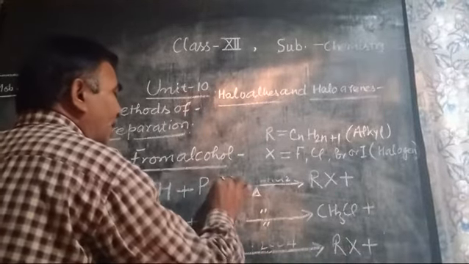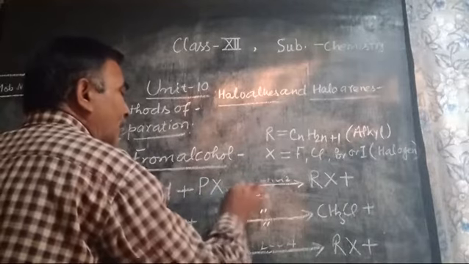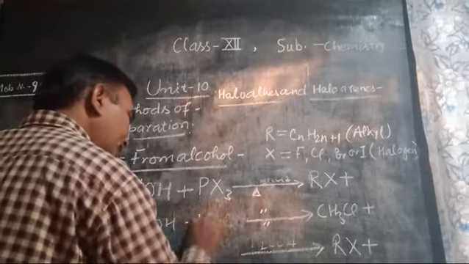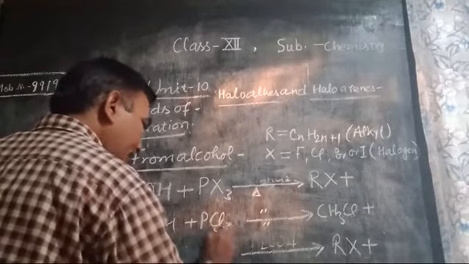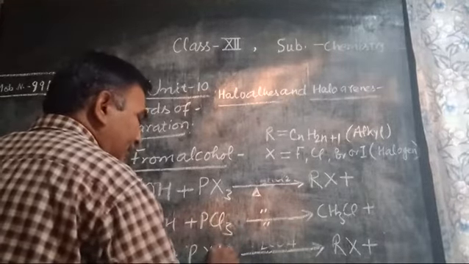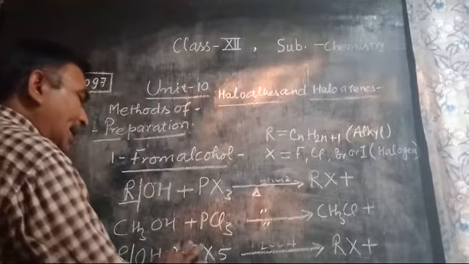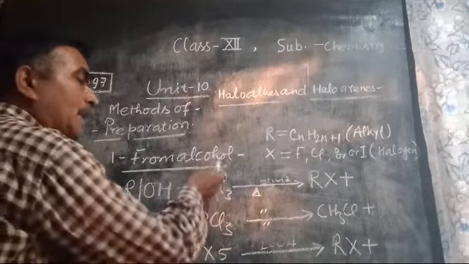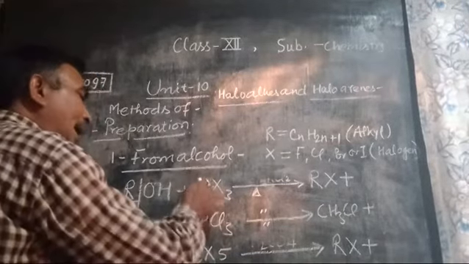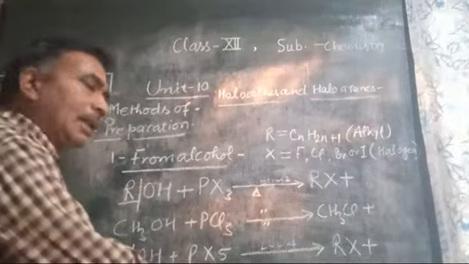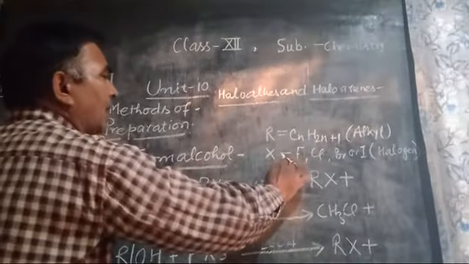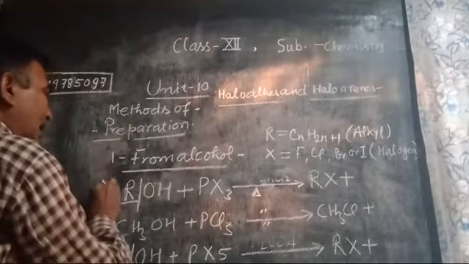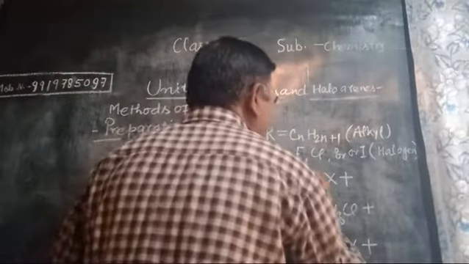Phosphorus forms two types of halide, PX3, phosphorus trihalide, and PX5, phosphorus pentahalide. X is equal to, as I have already explained, fluorine, chlorine, bromine or iodine. And the reaction proceeds as follows.